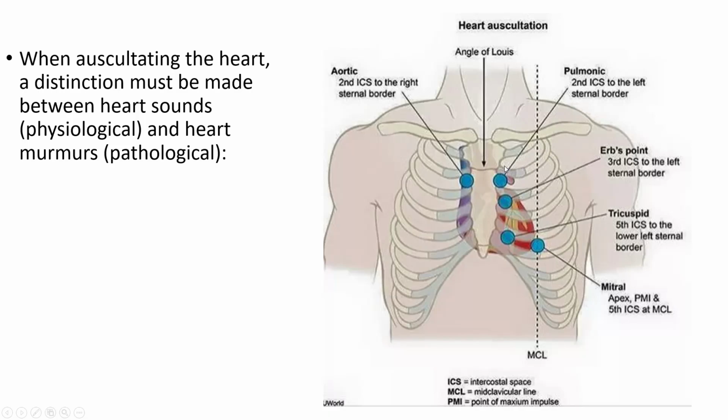The pulmonary is the third point where we auscultate. It's for the pulmonary valve, also in the second intercostal space, to the left sternal border. And the fourth is the tricuspid valve in the fifth intercostal space to the lower left sternal border, a little bit higher than the apex.